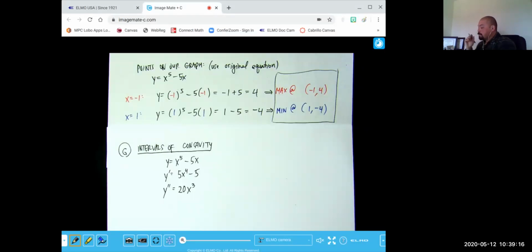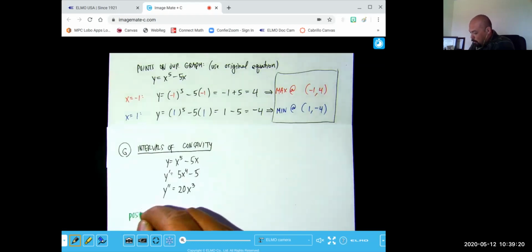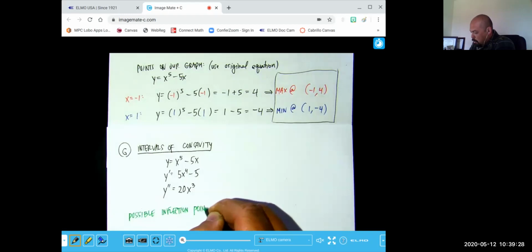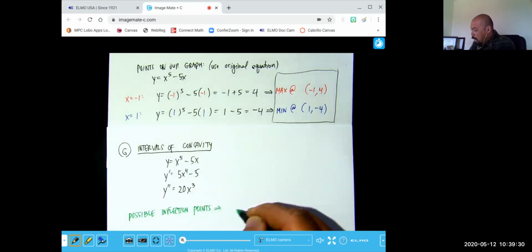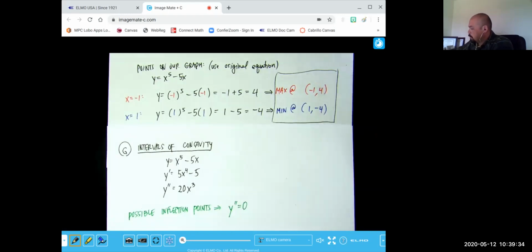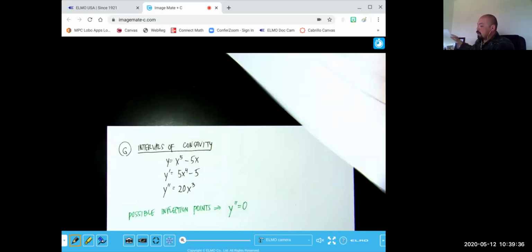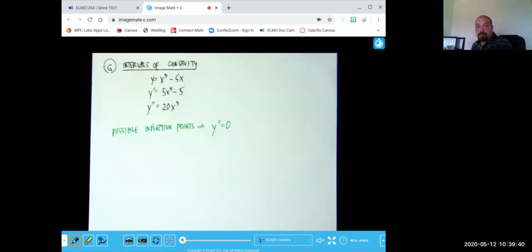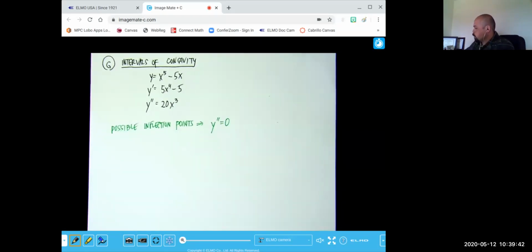So in this case, we look for our possible inflection points by looking at where that second derivative is equal to 0, right? That's where our concavity can change, okay?